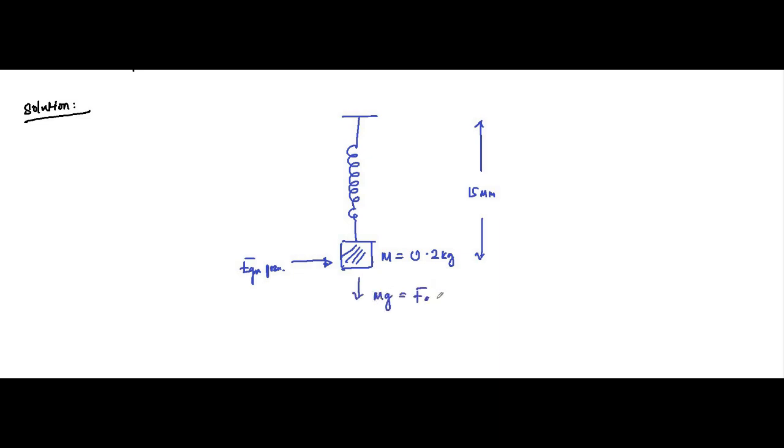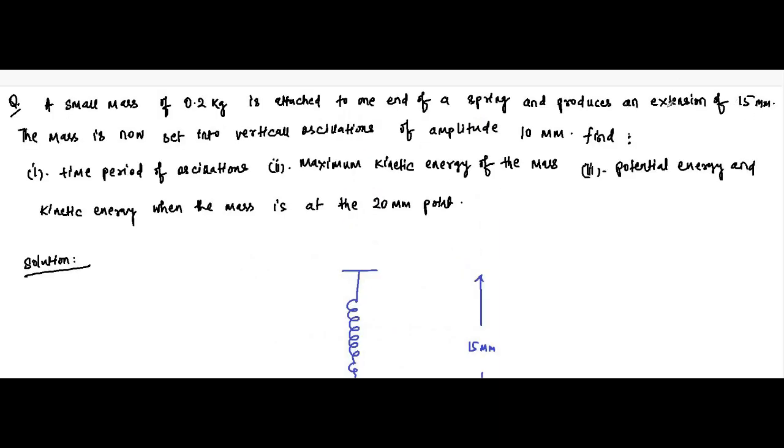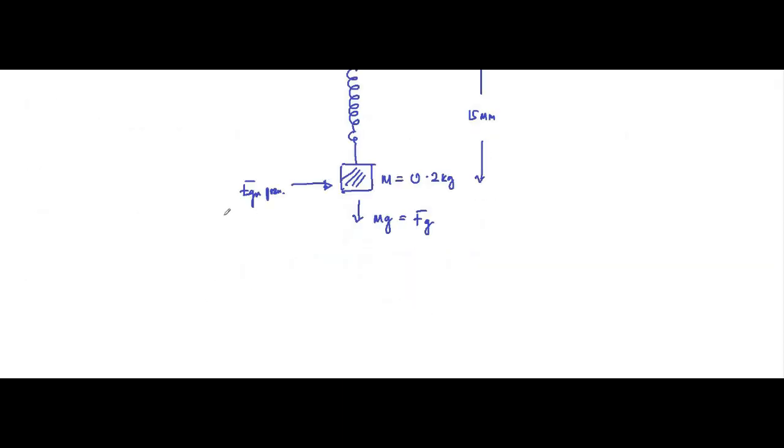Then it is also said that from this equilibrium position, the elongated 15 millimeter point, it is set into vertical oscillations of amplitude 10 millimeter. That is, from this point 10 millimeter downwards and 10 millimeter upwards.